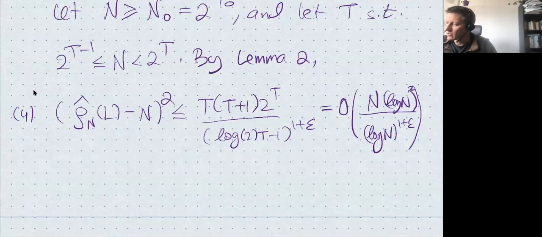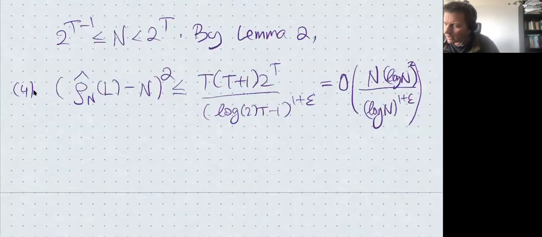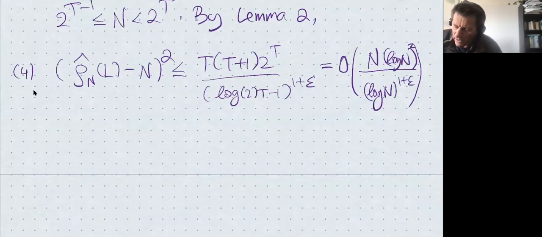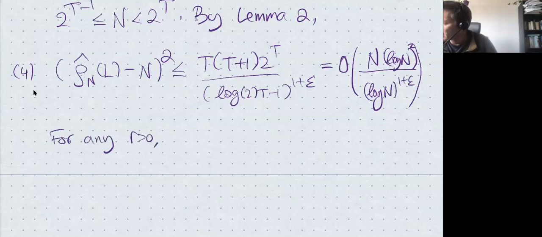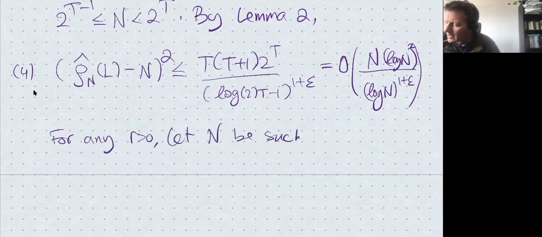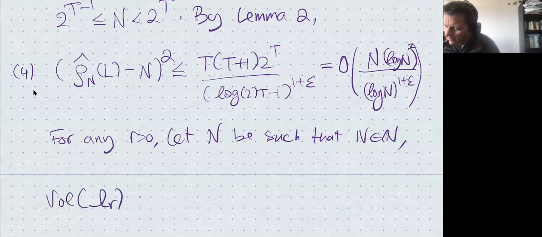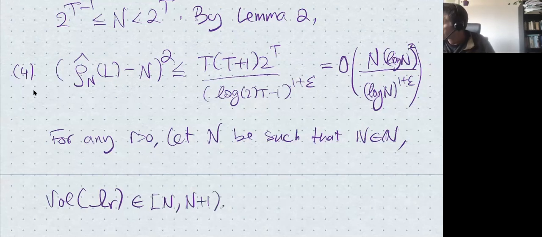And so now I'd like to show you why, and also interpolate for every set omega r in this ordered family. So for any r, omega r is a set in our ordered family. Let n be such that n is a positive integer, and the volume of omega r is between n and n plus 1.